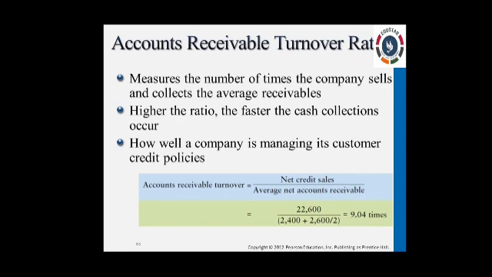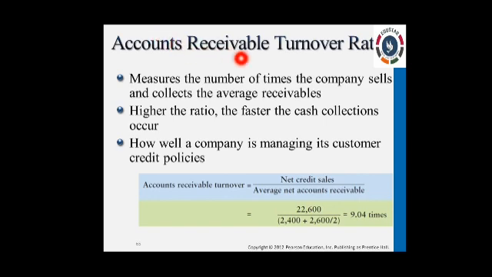This ratio indicates to whom we have sold the goods on credit. It measures the number of times the company sells goods and collects the credit amount. If the ratio is good, then the credit policy is also good and the way of collecting the credit money is good. If the ratio is low, the way of collecting the amount is too bad.